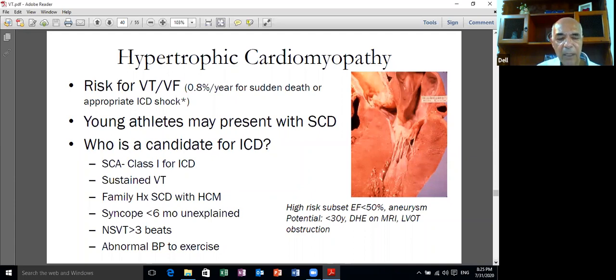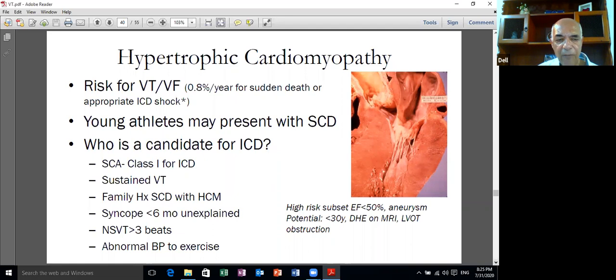Non-sustained ventricular tachycardia, if it is repetitive, and particularly if it is associated with other risk factors. Otherwise, we'll end up putting ICD for so many patients because non-sustained ventricular tachycardia is very frequent in hypertrophic cardiomyopathy. And a drop of the blood pressure to exercise.